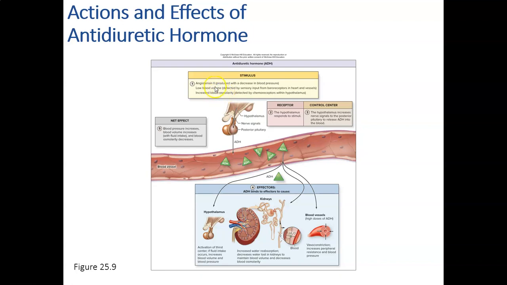So those three are the triggers for the hypothalamus to synthesize and the posterior pituitary to release ADH, right? And then how it acts: it acts on the principal cells, increasing water reabsorption, and a high dose of ADH also vasoconstricts the blood vessels. It can also act on the thirst center, increasing fluid intake.